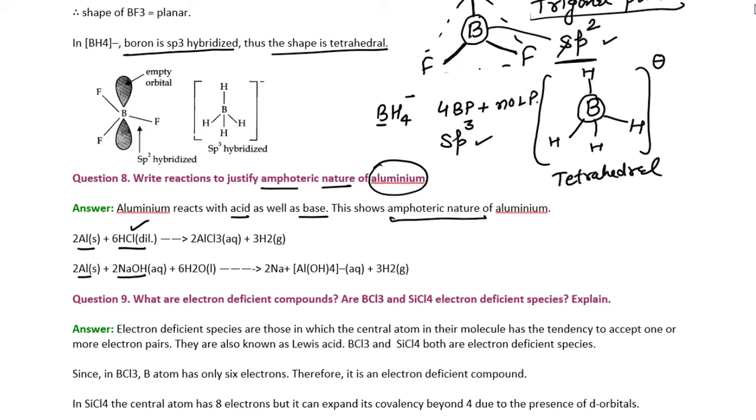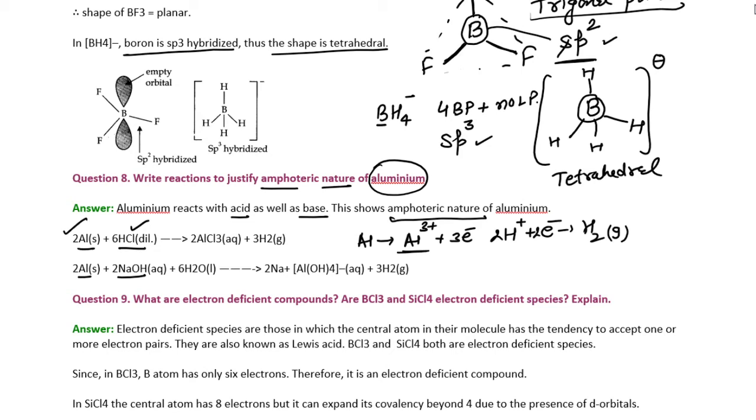So when aluminium reacts with HCl, what happens? Aluminium gives Al3 plus along with 3 electrons, and out of HCl, H plus ion accepts electrons to form H2 gas. In this way AlCl3 and H2 gas are formed with HCl.